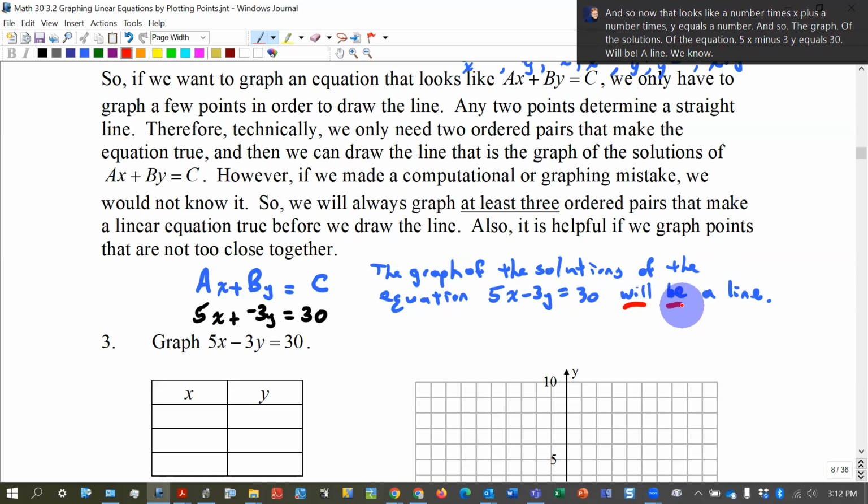We know that now because it has a term with x, a term with y, and a constant term.